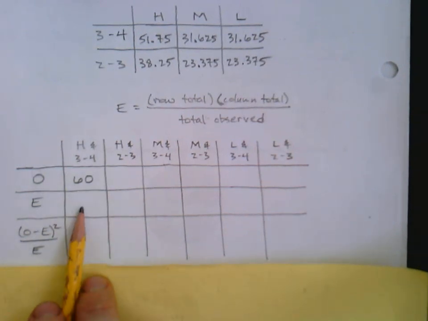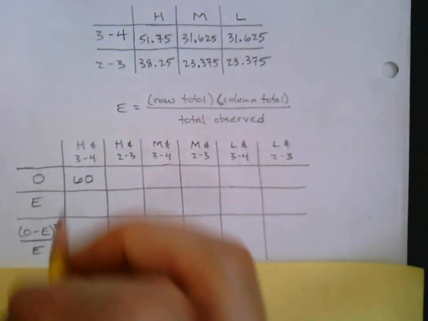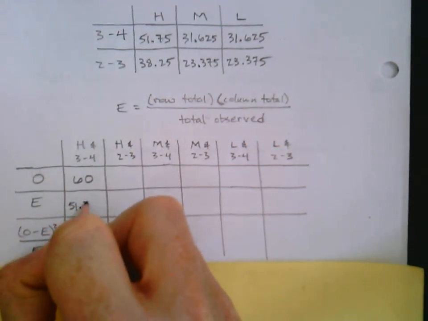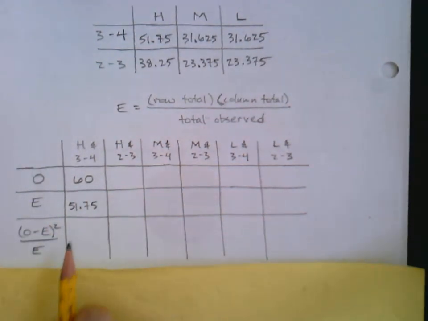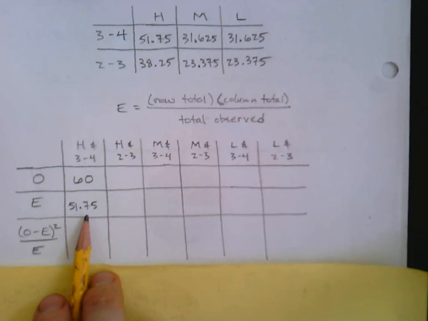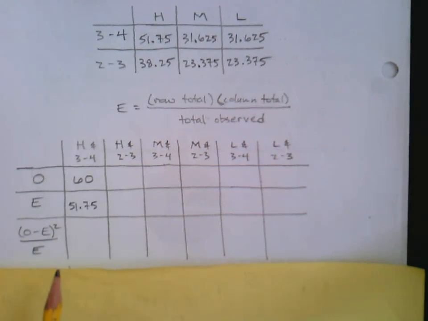Maybe I'll just fill in the expected now and we can kind of talk about that. What's the expected for high and 3 to 4? 51.75. Ooh, okay. So based on our data, if we really went and asked 200 people, we would expect that 51.75 would say this.